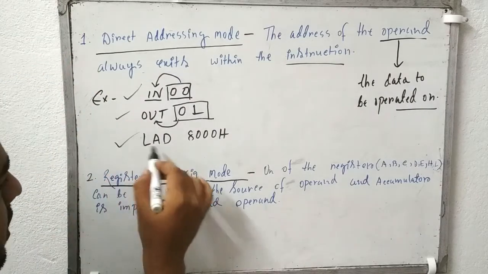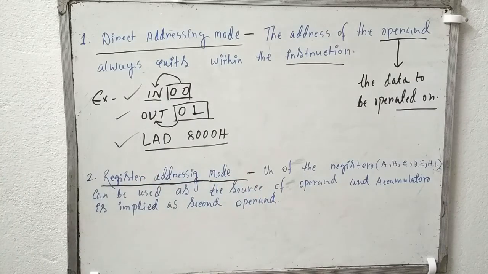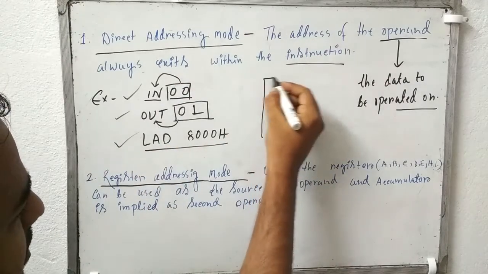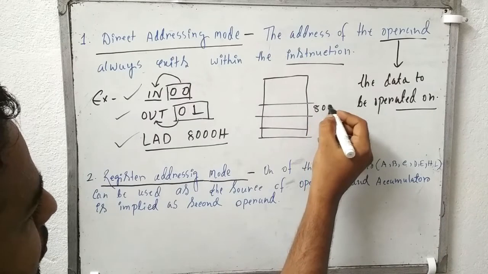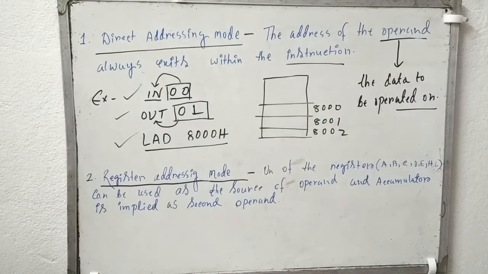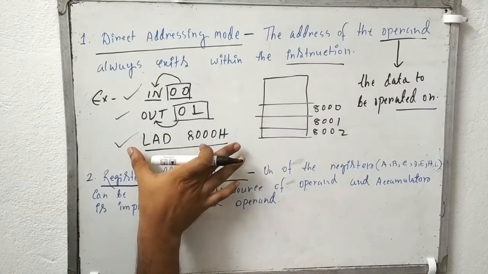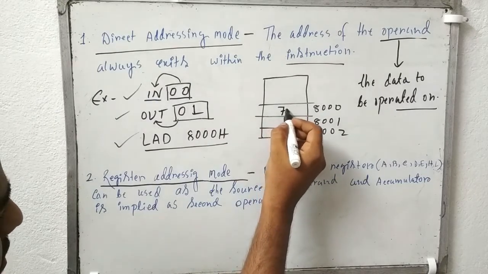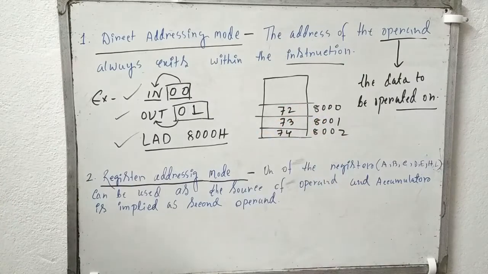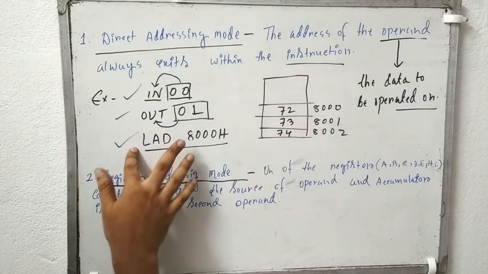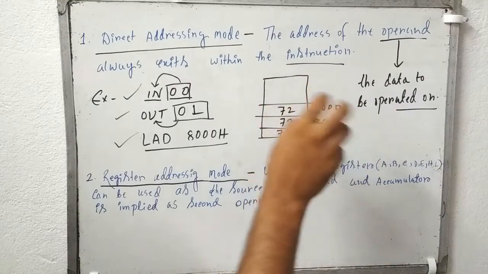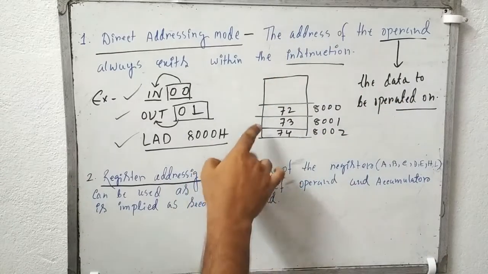The third one, LOAD: suppose there are memory locations 8000, 8001, in sequential order, and the data, say 72, 73, has been written there. This instruction means the data will be read from this memory location and stored into the accumulator.